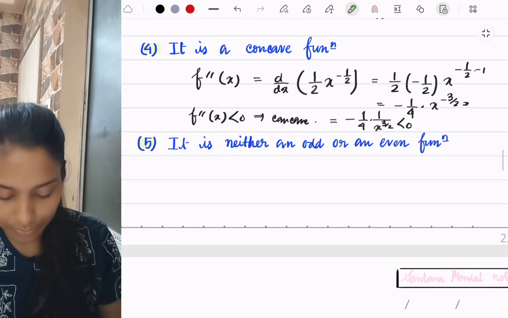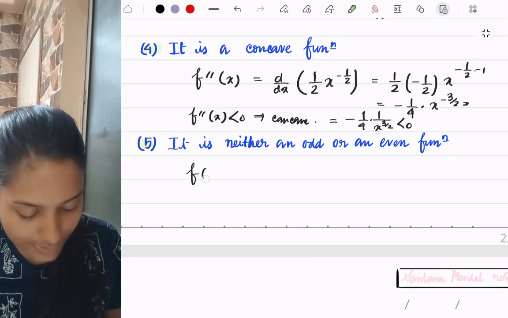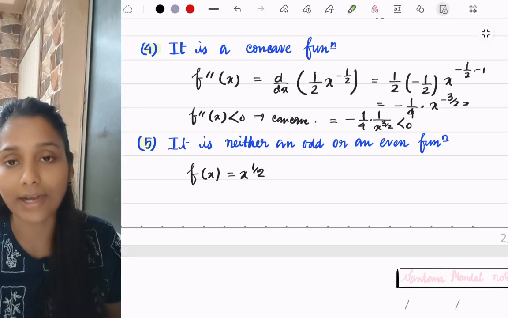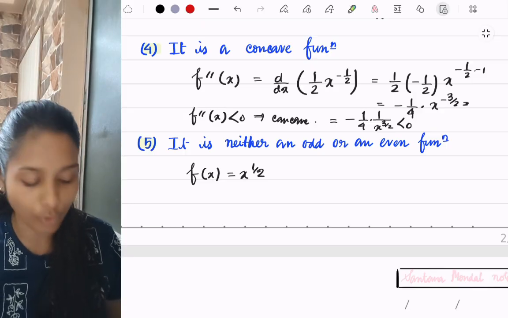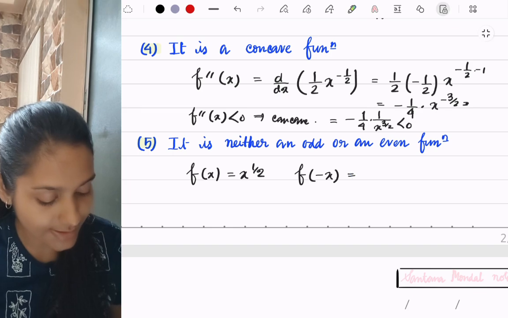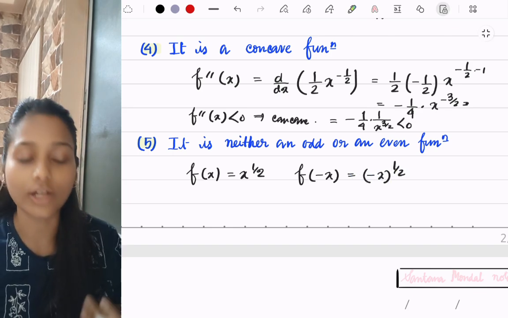Again, if we try to prove it, it will not give anything. Suppose f(x) equals x power half. For finding out whether the function is even or odd, we need to take the minus. It will give minus x power half, but it is not even defined.